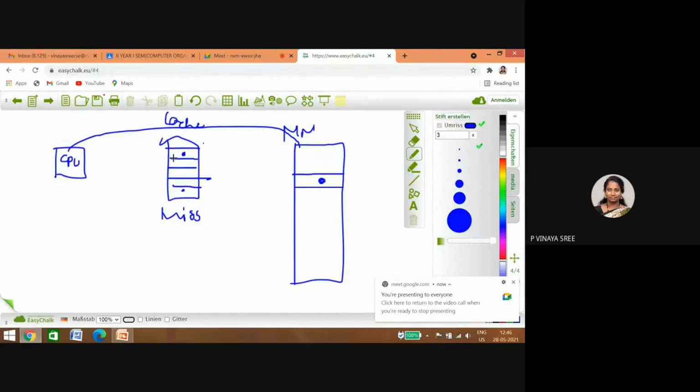Why? Because if a processor goes to line 0 and there is a cache miss, the missed block has to be placed in line 0 only. Even if you have an empty slot, you are not supposed to use it, because it is mapped directly. These blocks have to be mapped to these lines. So if there is any miss, we cannot use any algorithm.